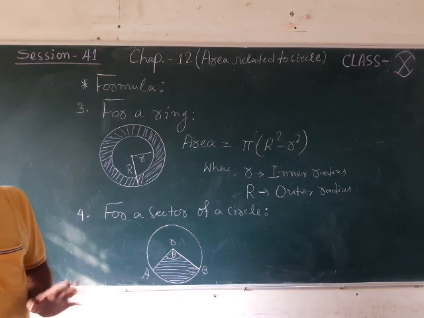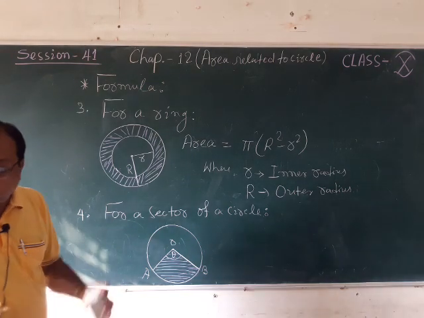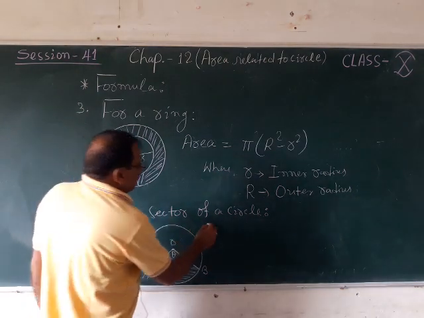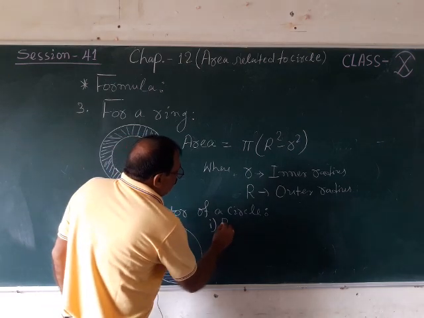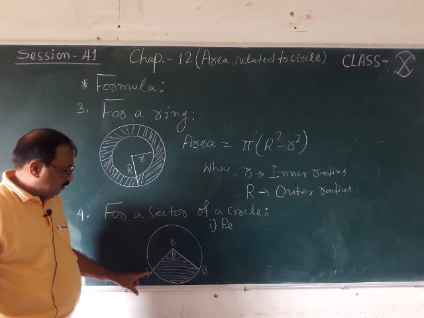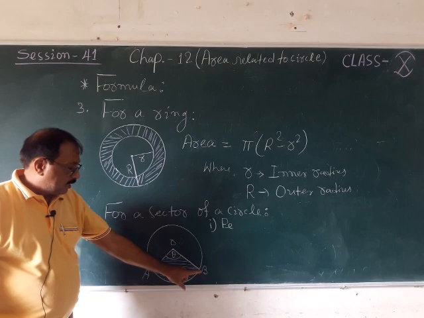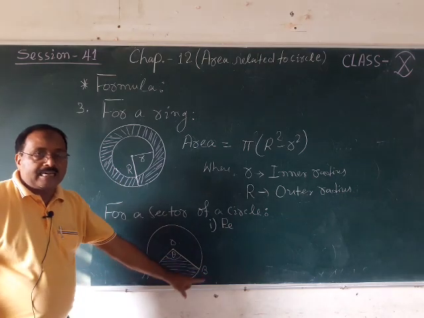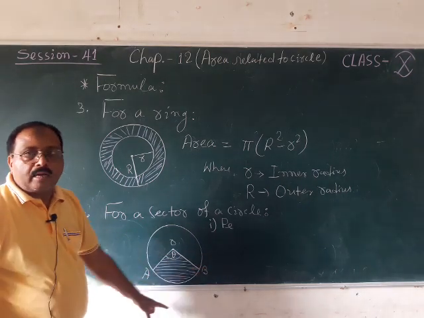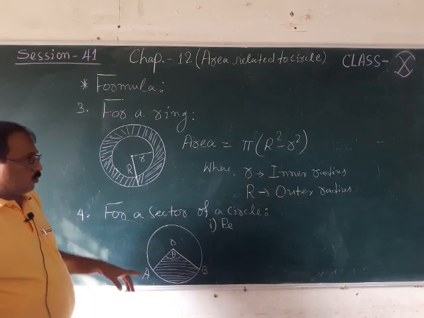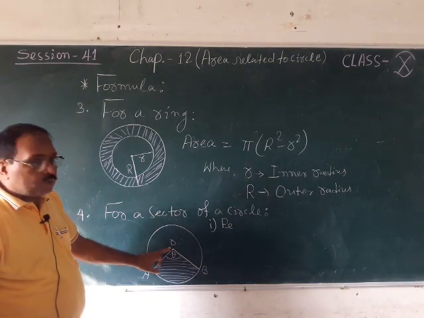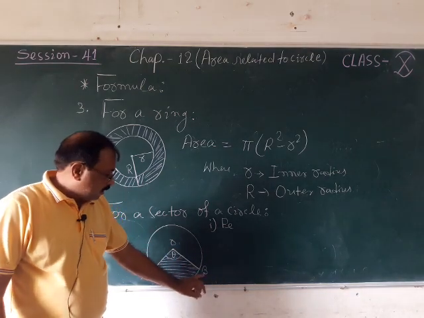So how do we find the perimeter of this minor sector? For perimeter we also have a formula. In the case of a sector, perimeter means, suppose you start from A, go to O, then come to B, then come back to A. So A to O you go, then O to B, then B to A again.